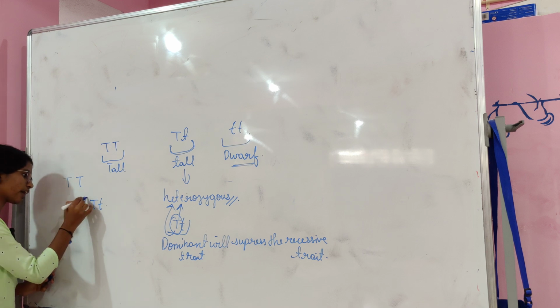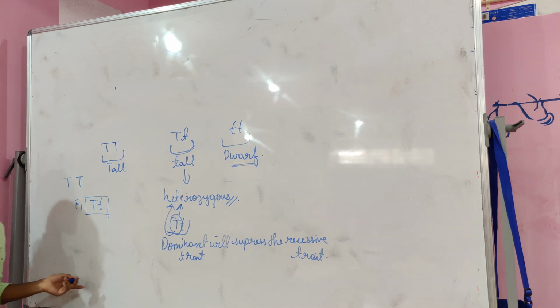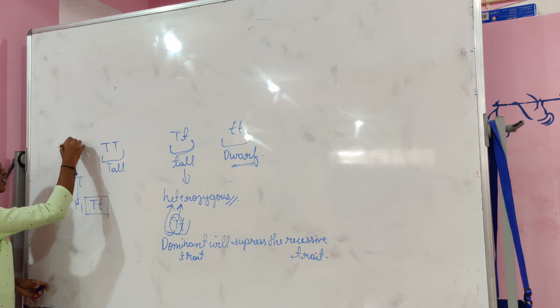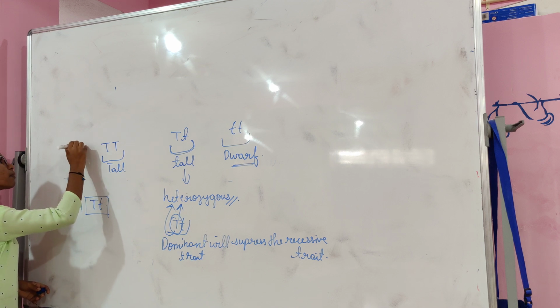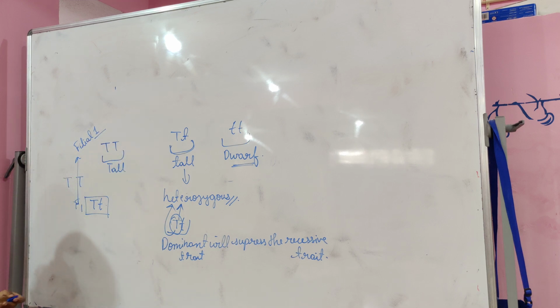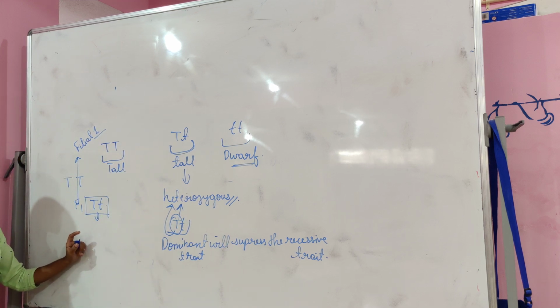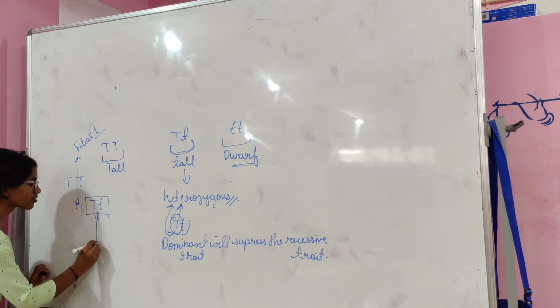He found the progeny as T and T. Filial. F1 is referred to as filial. Okay, filial one generation. He found that the progeny or the offspring was T and T. Okay, he did selfing between these only.